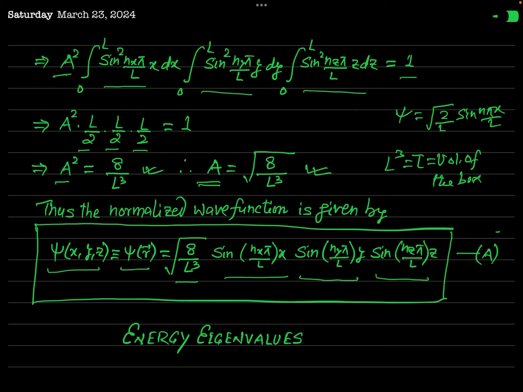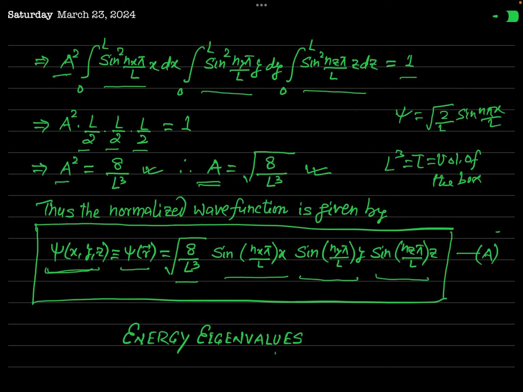But here there are three quantum numbers nx, ny and nz. So the values of this psi for given values of x, y and z will also depend on the three quantum numbers. And this will actually be discussed in the case of degeneracy later on. So in this way you have calculated the normalized eigenfunction, or eigenstate, or wave function.